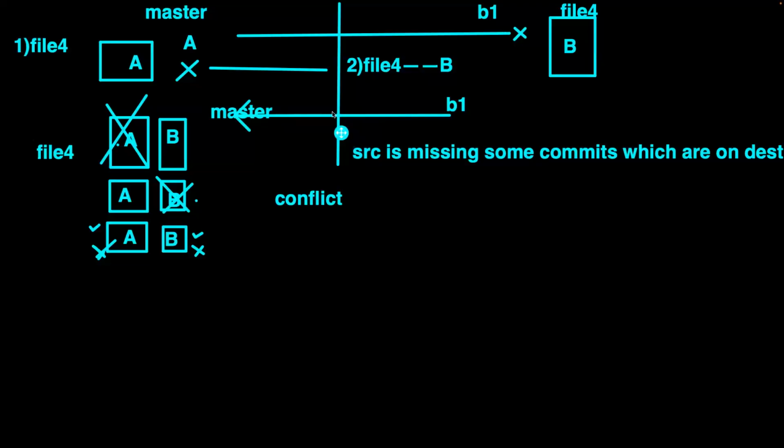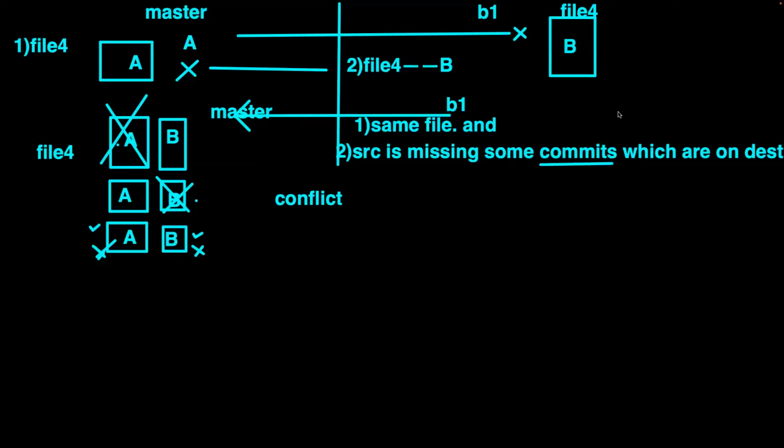That's the reason for conflict. But people think that if it's the same file you get a conflict, or the same line, same content. Git works with respect to commits. I told you, commits are the ones that are merged.